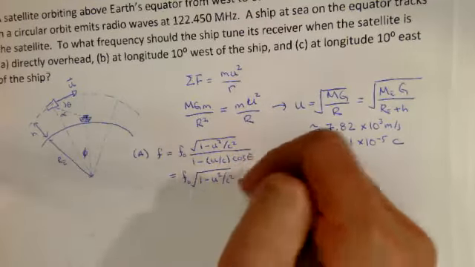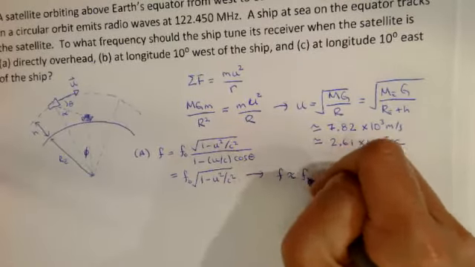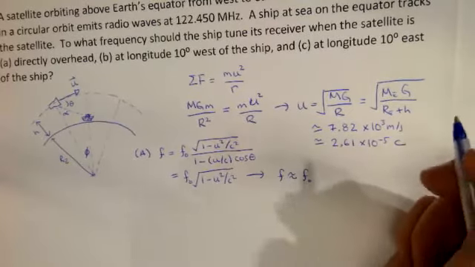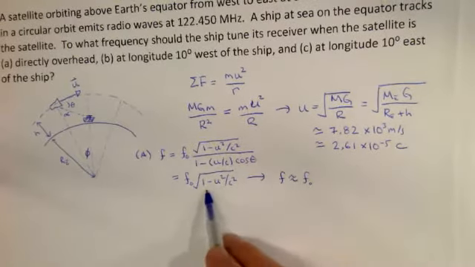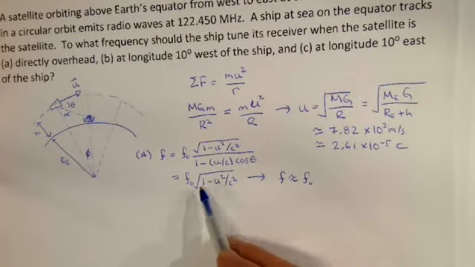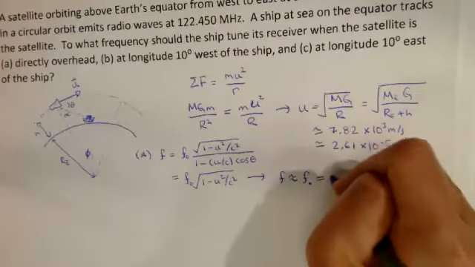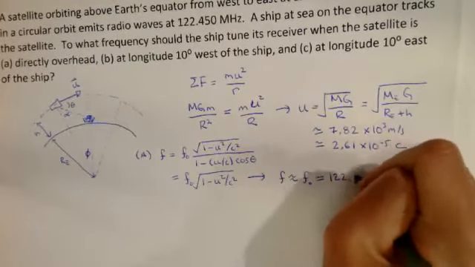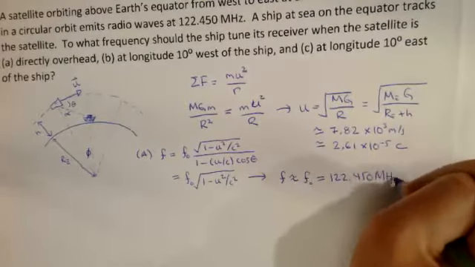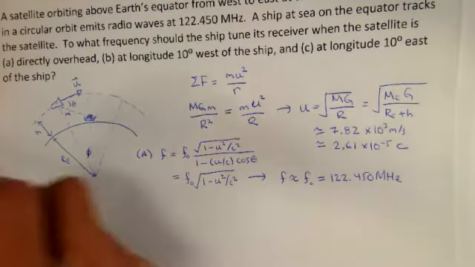And so in this case, f really does wind up looking like f naught, because 1 minus something on the order of 10 to the minus 10 is basically 1. Square root of basically 1 is still 1. 1 times f naught. So f is basically f naught. It winds up being still our 122.450 megahertz, which is perhaps comforting. But now let's look at what happens when we go off angle.